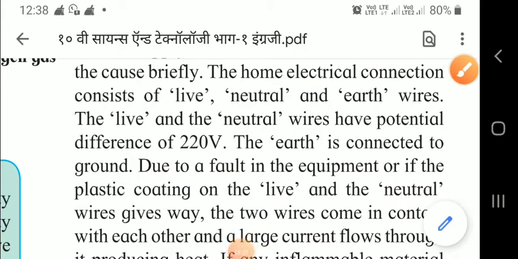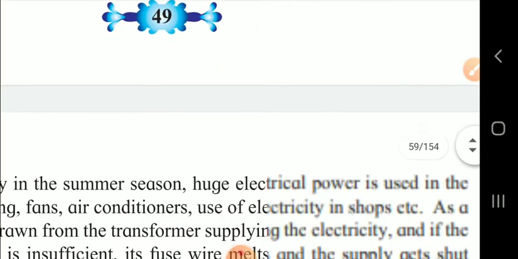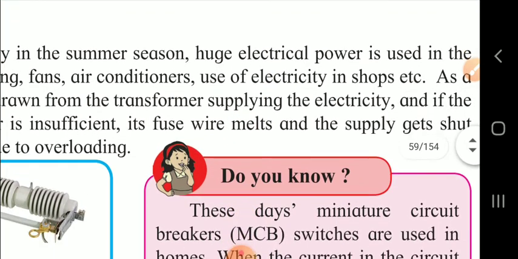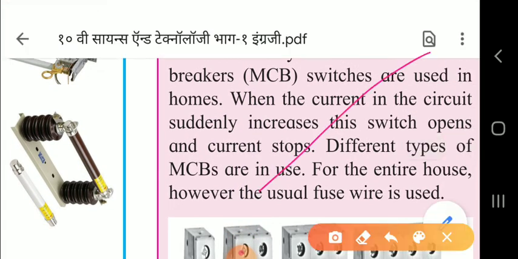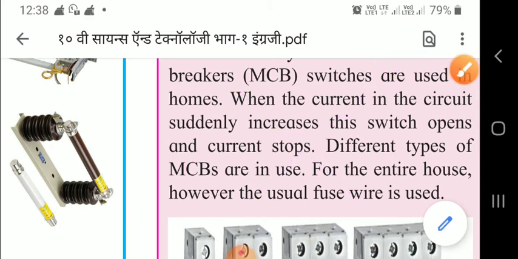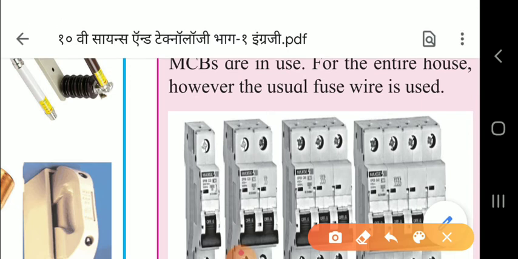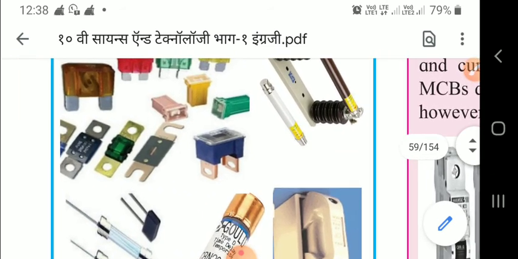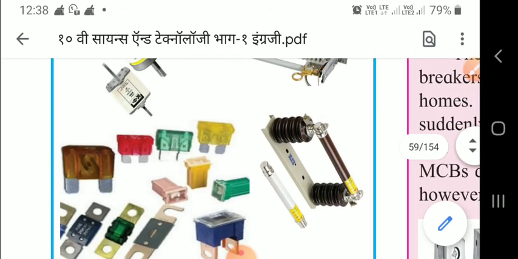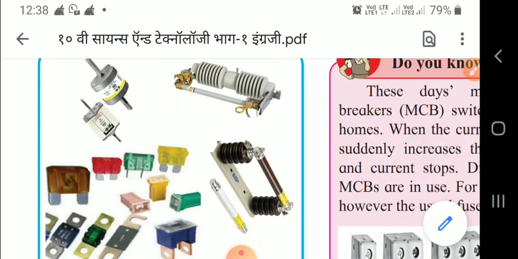So let us see, children, now. So these are the tools that we can see here.